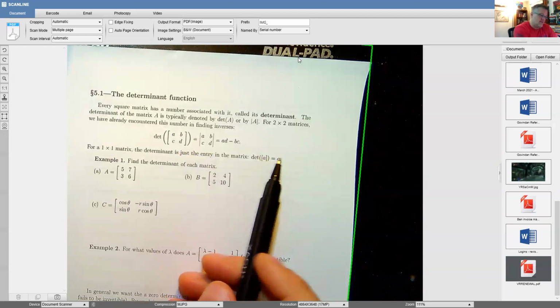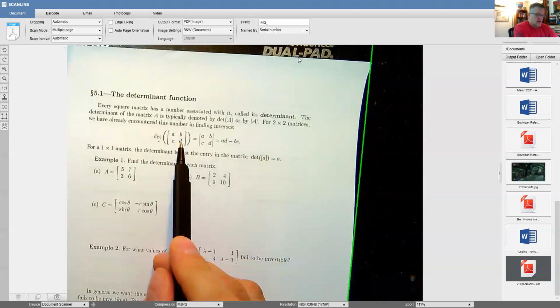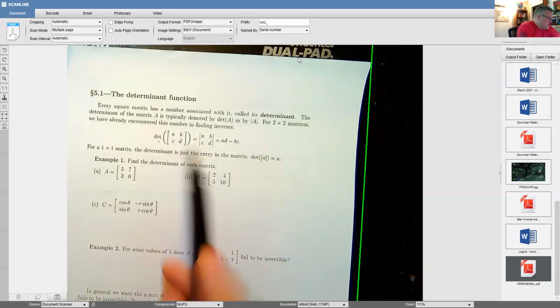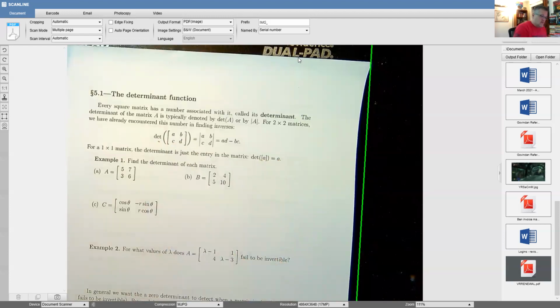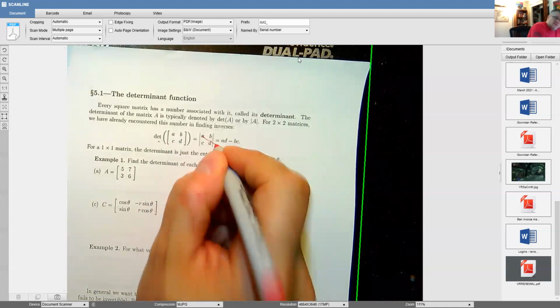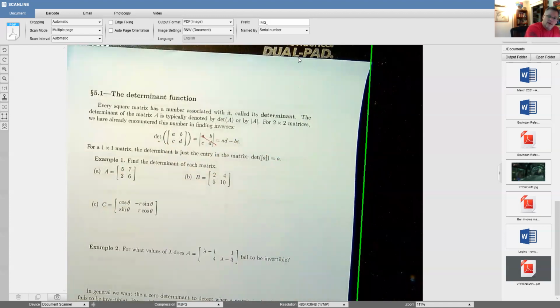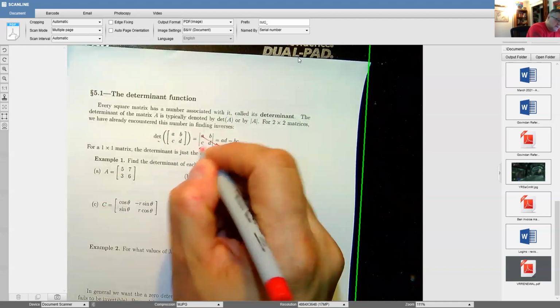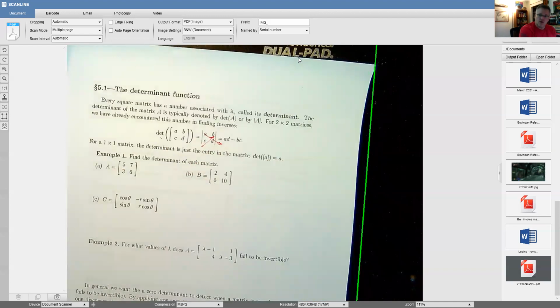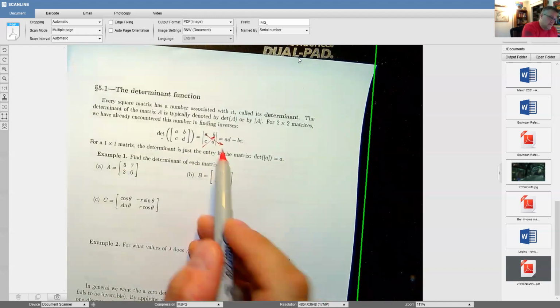And so here, the definition of a determinant of a 2 by 2 matrix is you simply, written in this form, multiply A times D, so you multiply down that way, and then you subtract up that way, right? It's all you have to do. And so you get that number.